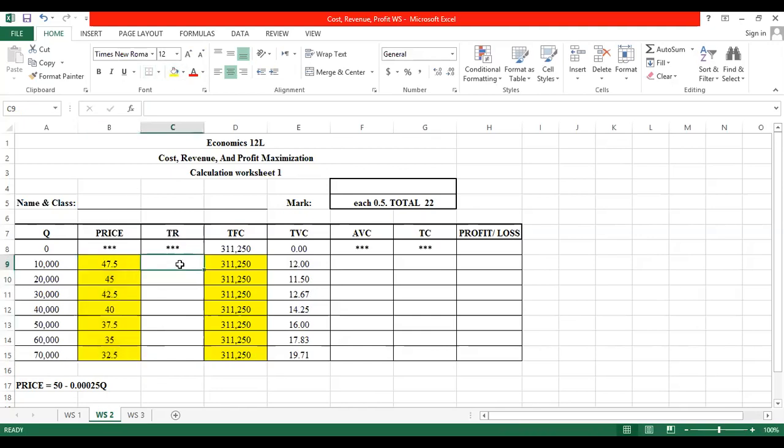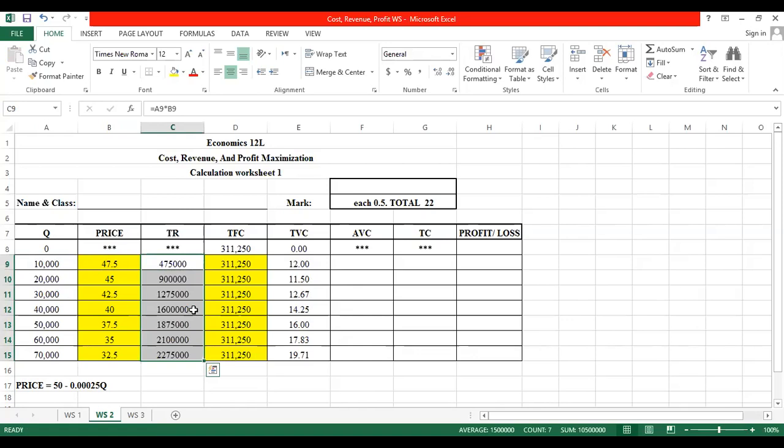Now my formula, total revenue. As you remember, the total revenue formula is your quantity times your price. Let's go. Equal my quantity times my price. The first number is ready, and I copy, scroll down.